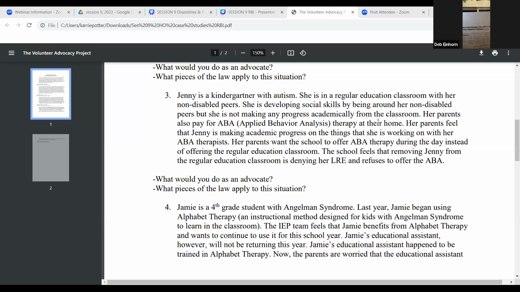Her parents feel that Jenny is making academic progress on the things that she is working on with her ABA therapist. Her parents want the school to offer ABA therapy during the day instead of offering the regular educational classroom. The school feels that removing Jenny from the regular education classroom is denying her LRE and refuses to offer the ABA.